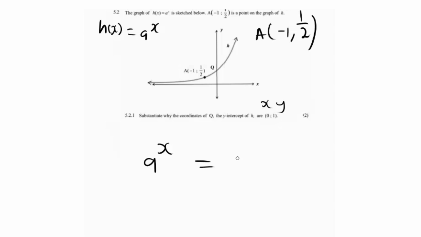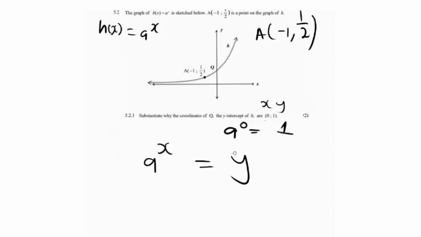Since x is 0, you still remember this rule from grade 10, when doing the laws of exponents, that any number or any base to the power 0 gives us 1.